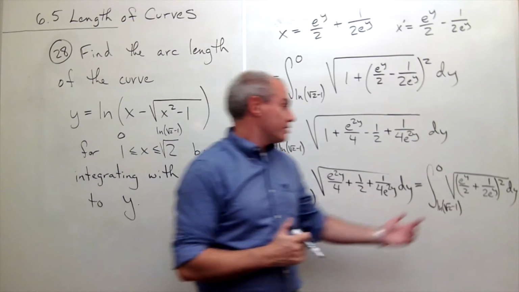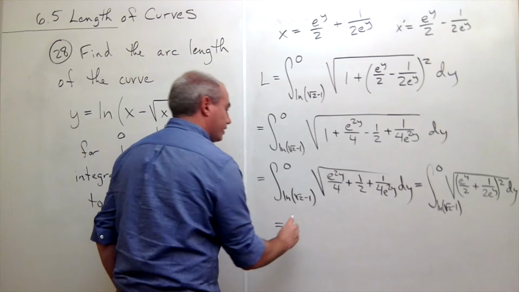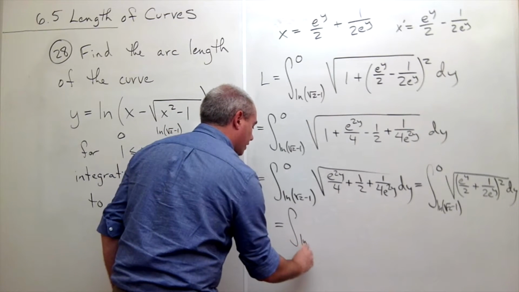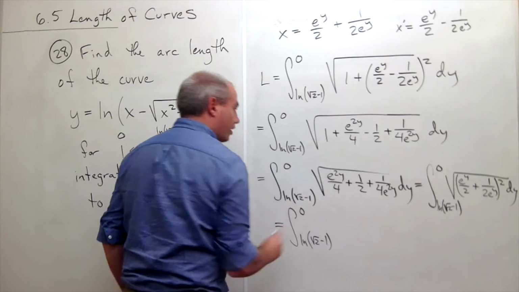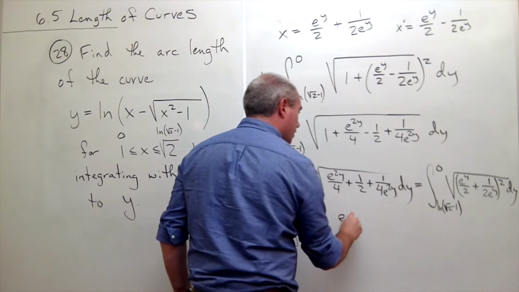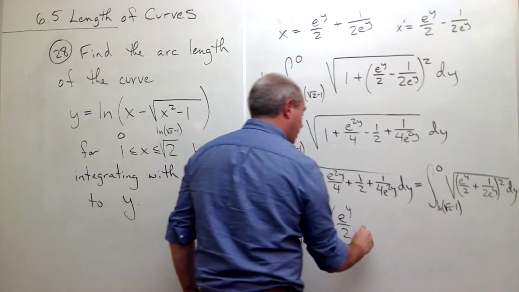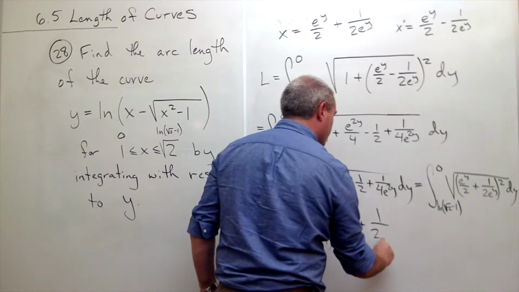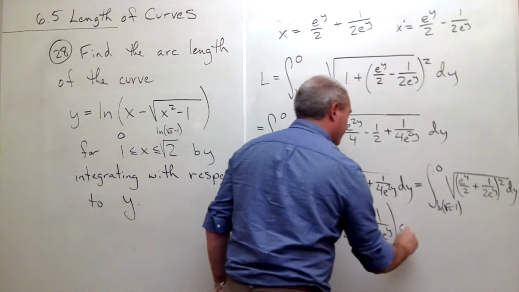All right, so now that we have this perfect square, we can rewrite this integral. I've got the integral from ln of square root 2 minus 1 to 0 of e to the y over 2 plus 1 over 2 e to the y, dy.